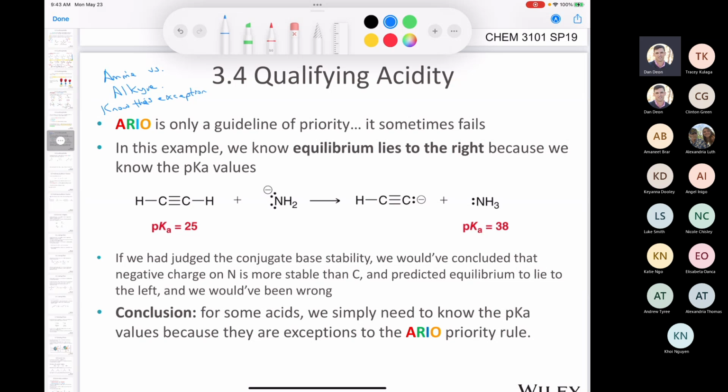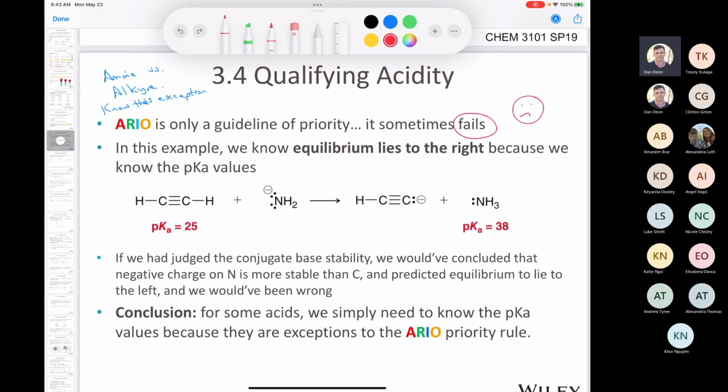It even says right here on the slide, ARIO sometimes fails. So we'll put a big wah wah. Not always, but check this out. If you take acetylene, this molecule here that we just saw, and you react it with the conjugate base of ammonia, NH2 minus, what you produce is this carbanion with the negative charge on an sp hybridized carbon and ammonia.